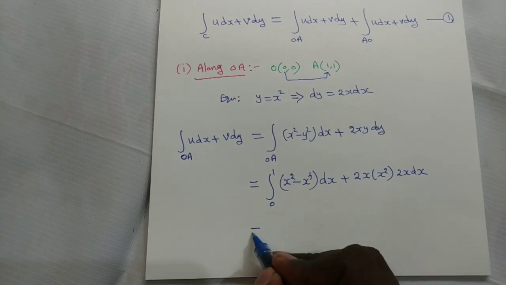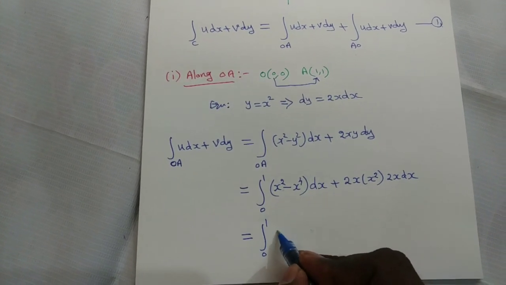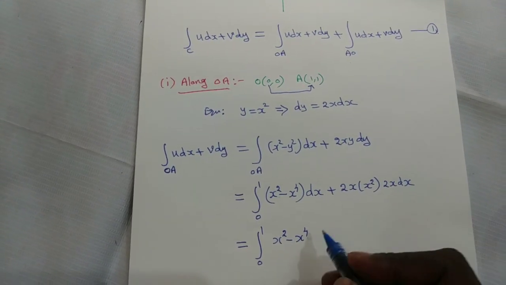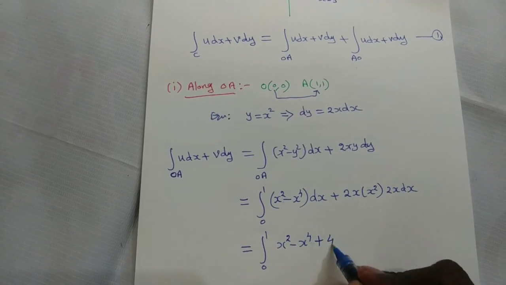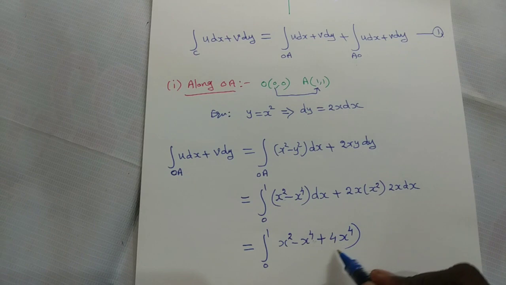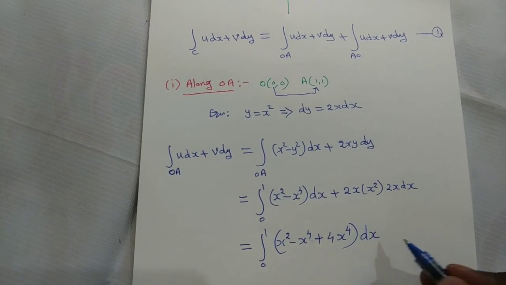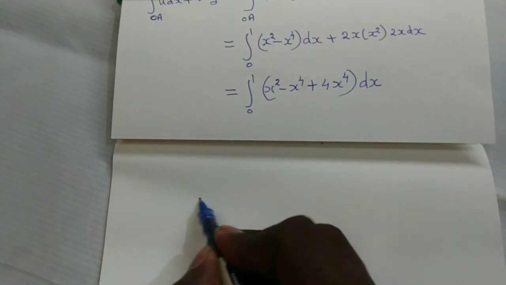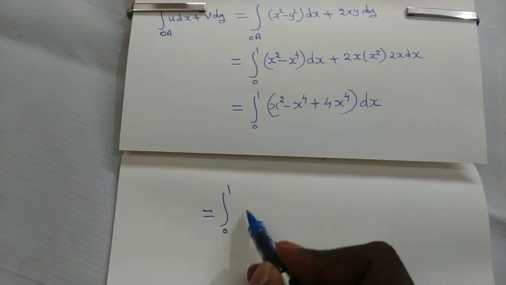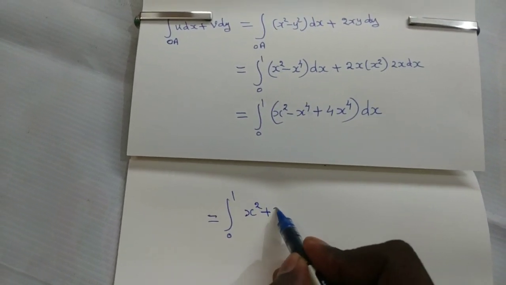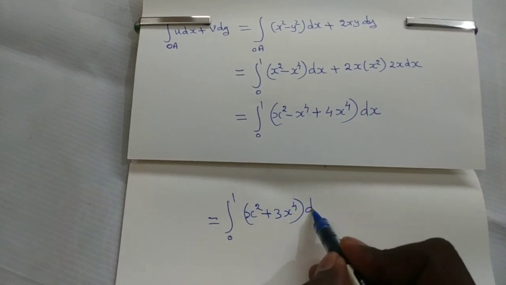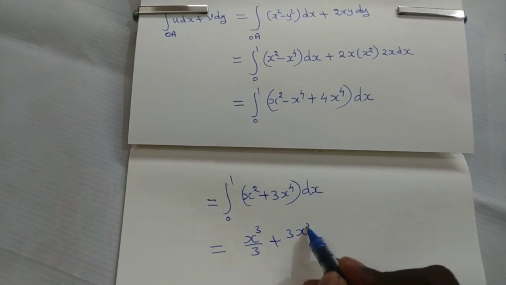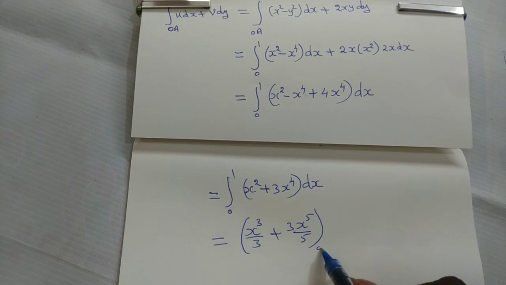Now the integral from 0 to 1 of x square minus x power 4, taking dx outside commonly, plus 2 twos are 4 x power 4 into dx. Further simplifying, this is the integral from 0 to 1 of x square plus 3x power 4 dx. Integrating: x cube by 3 plus 3x power 5 by 5, limit 0 to 1.